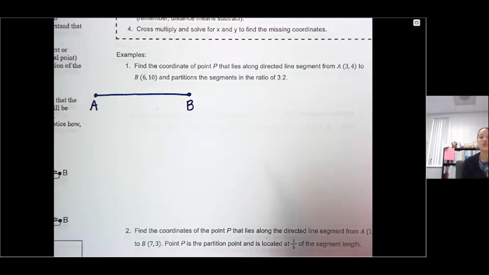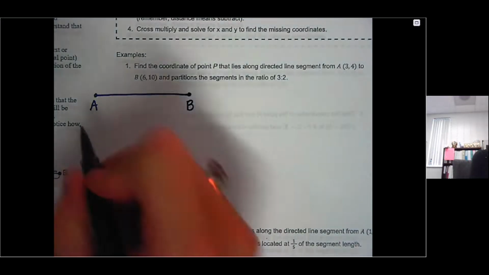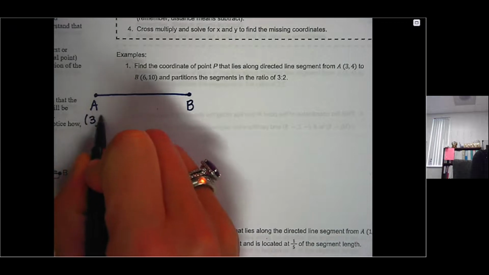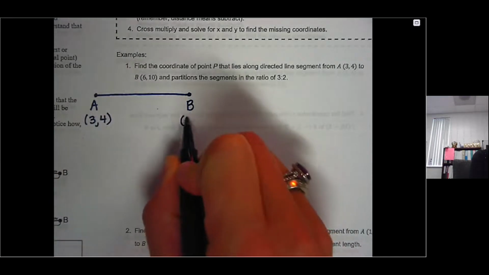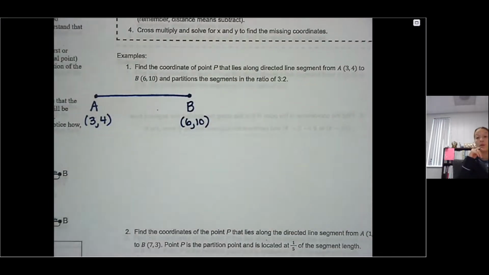Good. Okay, so right underneath the A and the B, I'm just going to label the points. So point A is 3, 4. And point B is 6, 10. Okay. Point P is somewhere along that line between the 2 points, and it partitions the segment in a ratio of 3 pieces to 2 pieces.